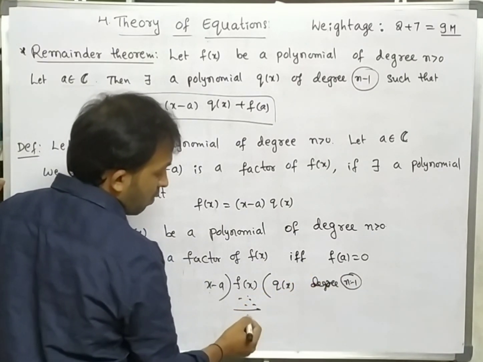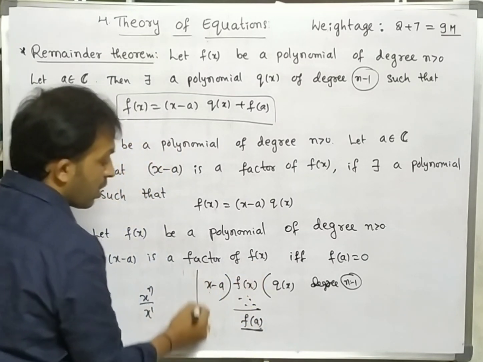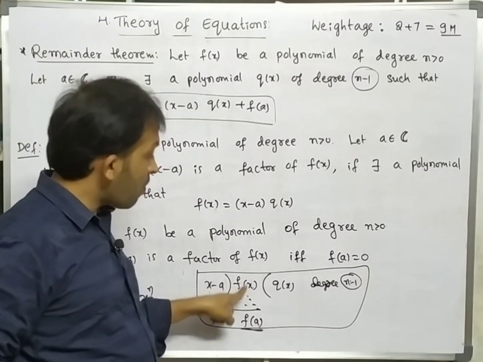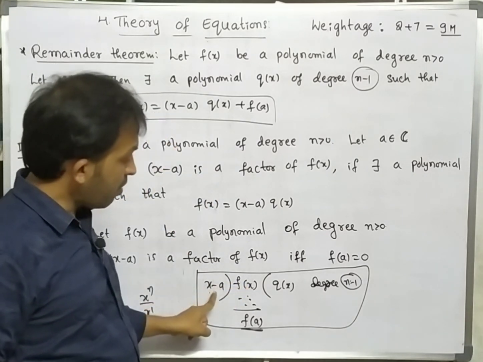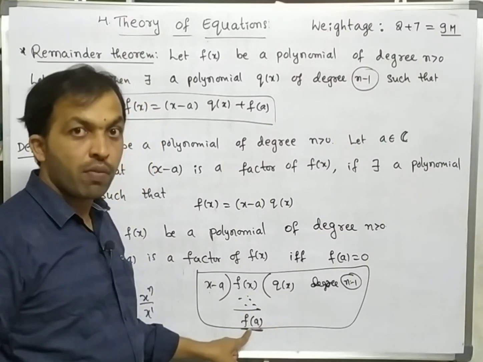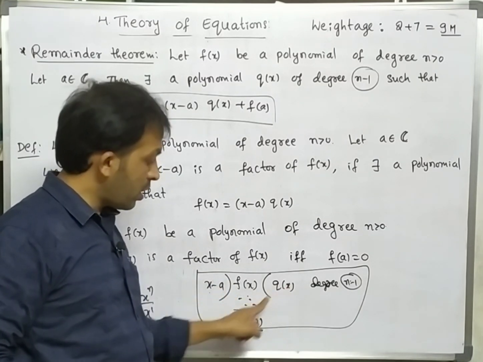After division we will get one remainder that is called f of a. So then we can write f of x is equal to x minus a into q of x plus f of a. We know division: this is called dividend, divisor, quotient, remainder.